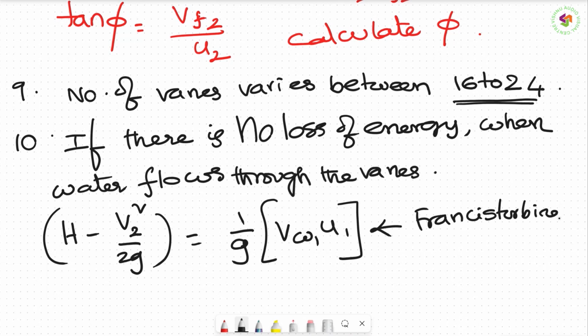Why am I writing Francis turbine? Automatically Vw2 is equal to 0. So this completes the entire theoretical part of the Francis turbine.